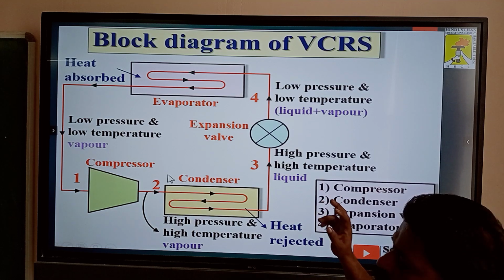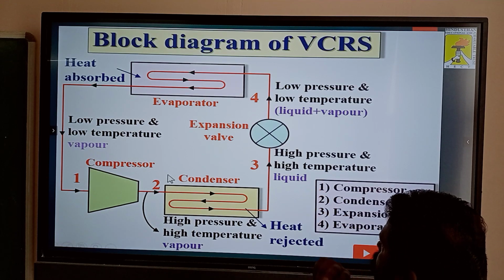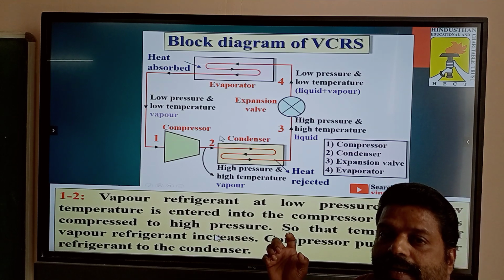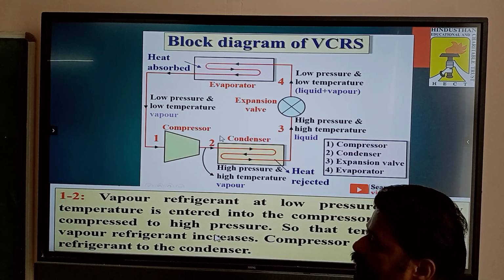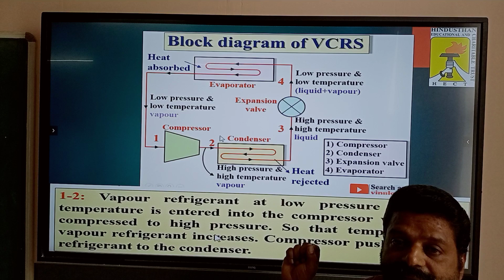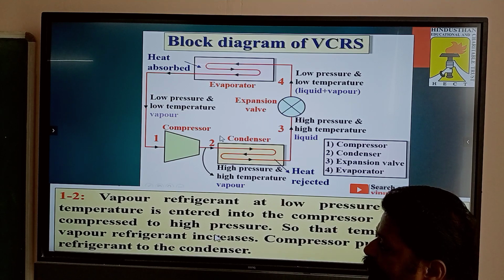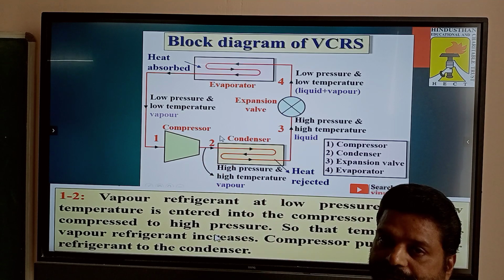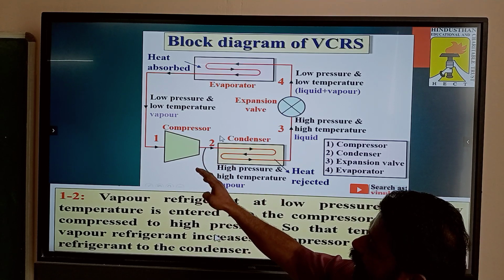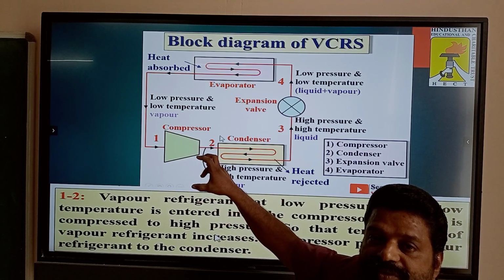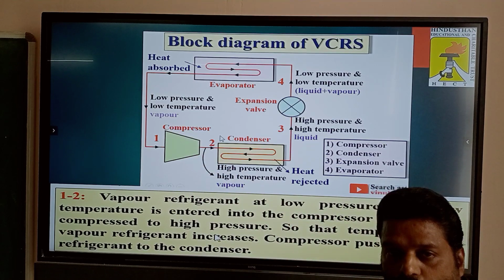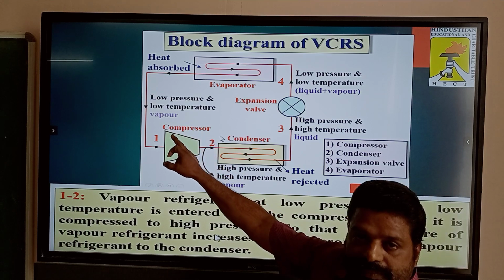The first process is vapor compression, so the vapor is compressed. The process is 1 to 2, the compressor. The refrigerant enters the compressor as low pressure, low temperature vapor.